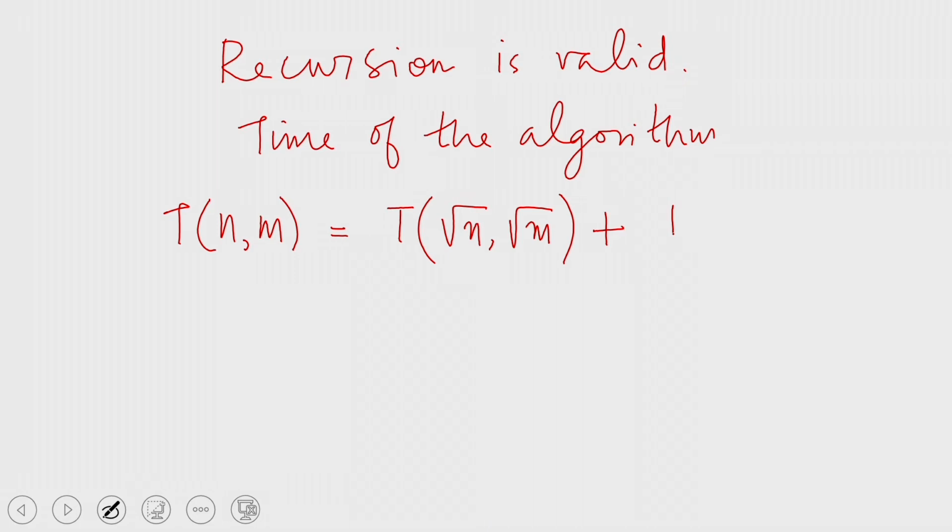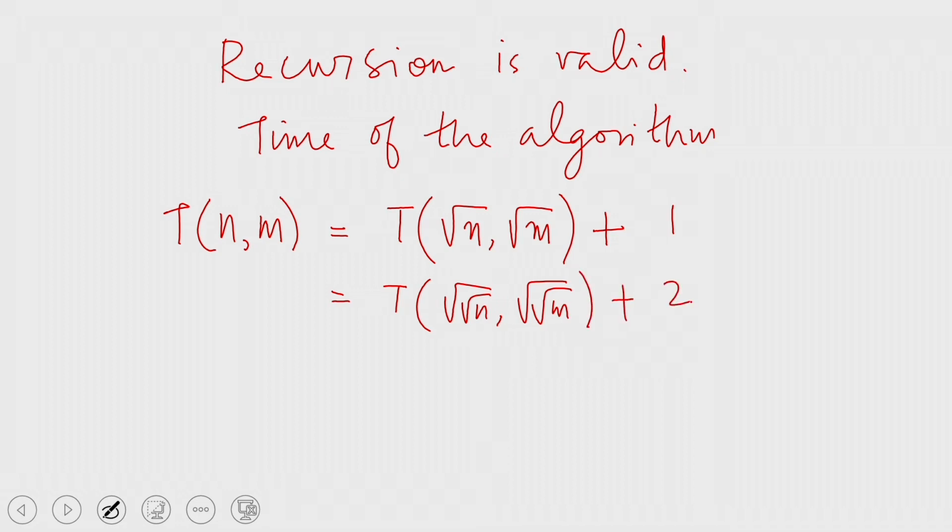If you unroll this, you find that this is the same as T of n power 1 by 8 m power 1 by 8 plus 3.